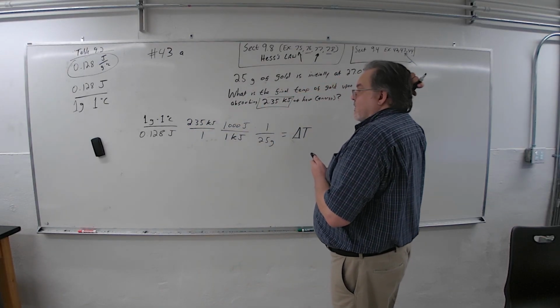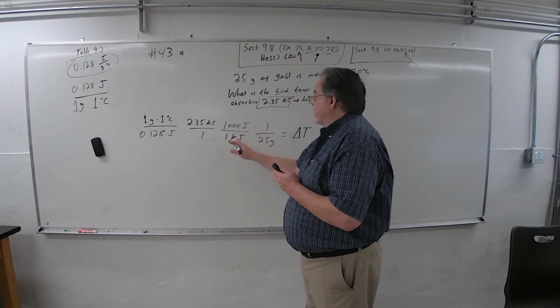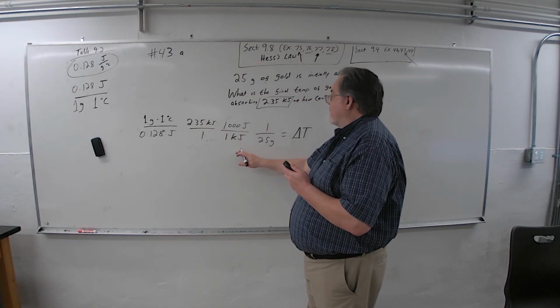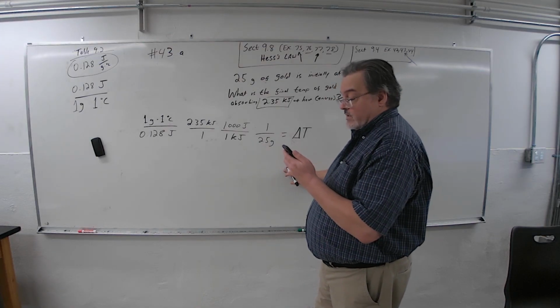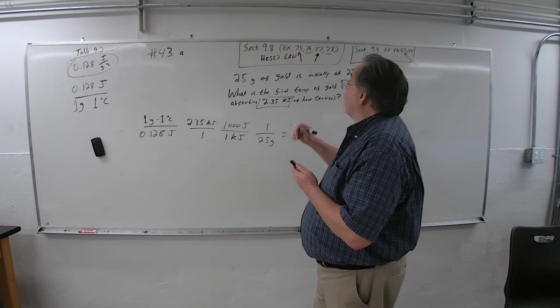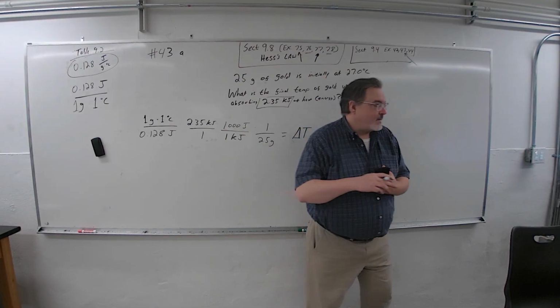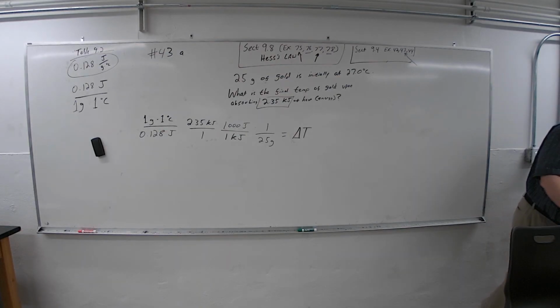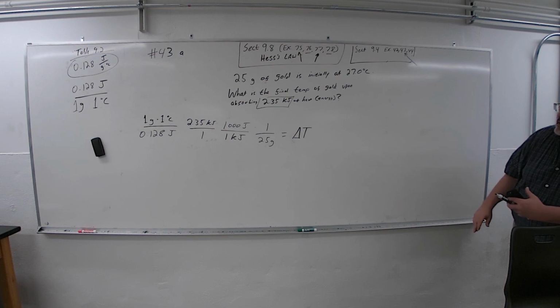Can't be right. Joules cancels, kilojoules cancels, grams cancels. I just have this huge number. There's no way that's right. This is where I got hung up last time I tried to show you all this. 2.35 kilojoules of heat, 25 grams.